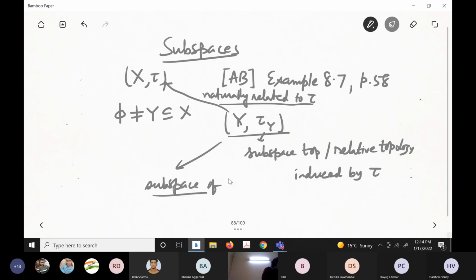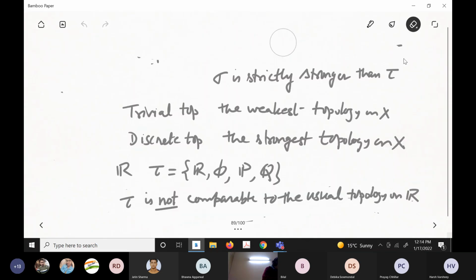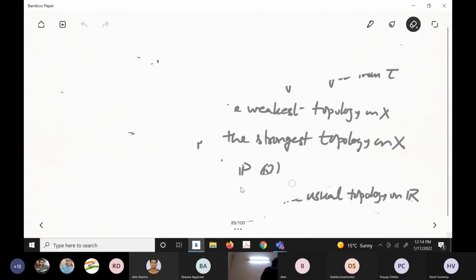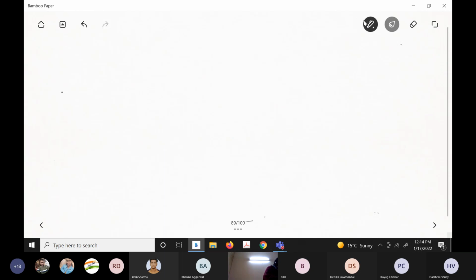Now, let's see how to define it naturally. Here is the simplest example. When you have R with the usual topology, that means a metric gives this topology.